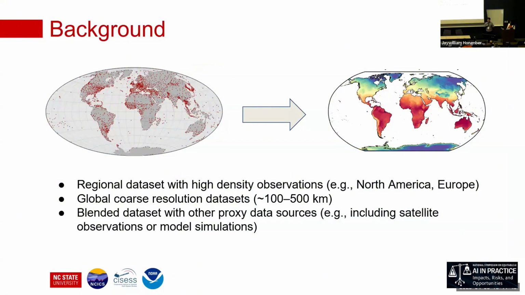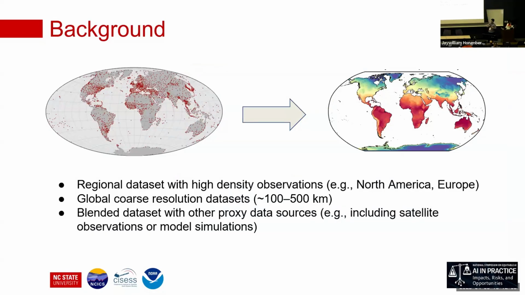So a lot of times when you're trying to do climate monitoring and impact studies with those sparse station networks, you try to generate spatially complete datasets based on observations. You look at the left and try to get something like the right. One way people do this is to focus on regions with a high-density station network, which gives you high confidence in generating those gridded datasets.